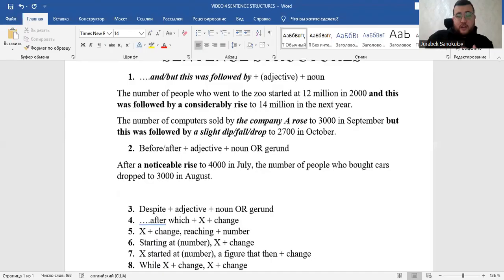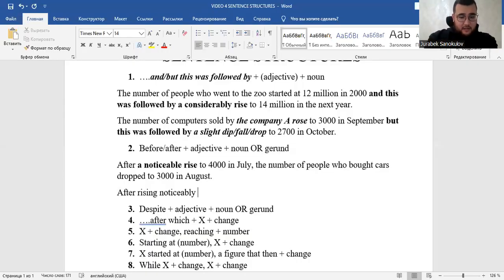So now let's rephrase this sentence using a gerund, because after these words, we can also use a gerund. Gerund basically means verb plus ing, verbs that end with ing. So we can say this: after rising noticeably, remember the previous videos?